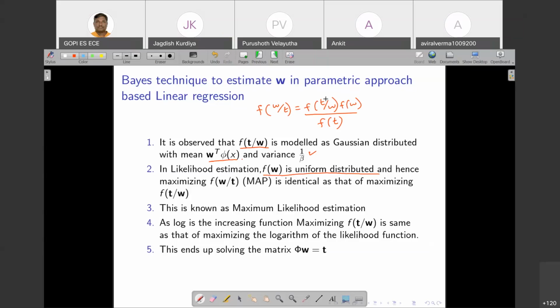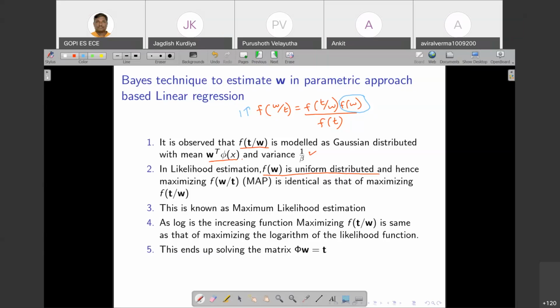Uniform. So maximizing this is the same as maximizing f of T given W, and the denominator is not playing a role in it. This is the maximum likelihood estimation, right? Maximizing f of T given W is the same as maximizing the logarithm of the likelihood function, and hence ends up with the setup phi W equal to T.